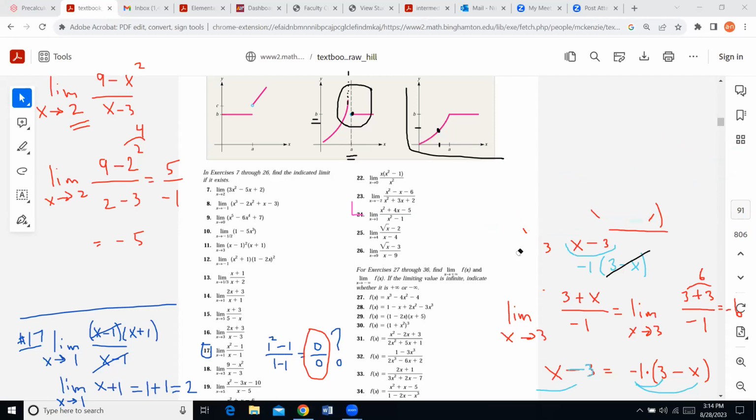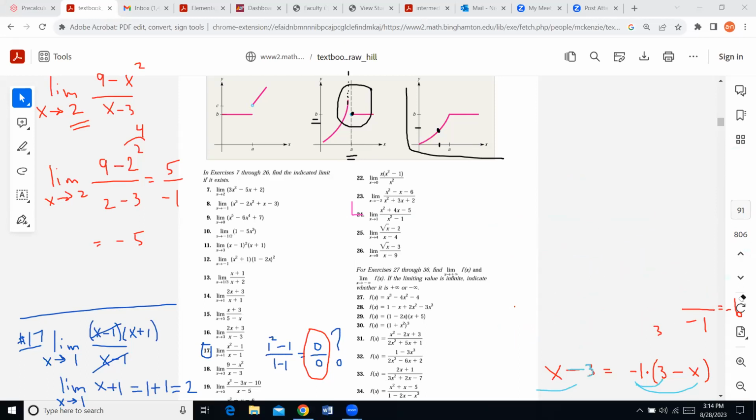So the point of the story: you always plug the number in and see. If it's a 0 over 0, well, then you have a problem. If it's not, well, then you have the answer. And if it happens to be a 0 over 0, you just need to do a little bit of algebra. Let me try one more, 23.